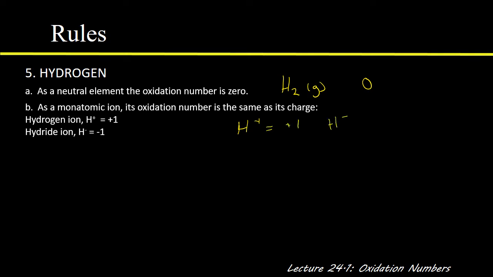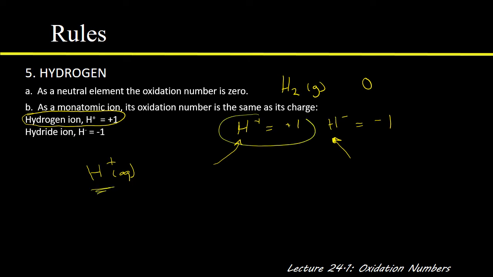The thing that's weird about this one is that hydrogen can have two different ions. 95% of the time, almost all the time, it's this one, which is called the hydrogen ion, and that's +1. Occasionally, you come across the hydride ion, which is -1. If it's by itself in a solution, and in fact you'll see this a lot in a chemical reaction, then clearly that's going to be H+, and so it would be +1.